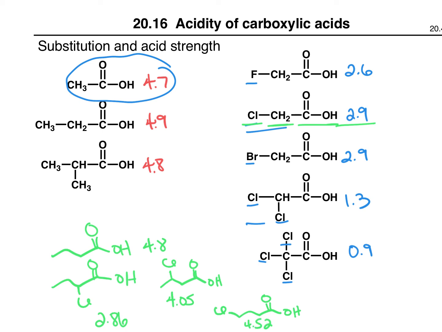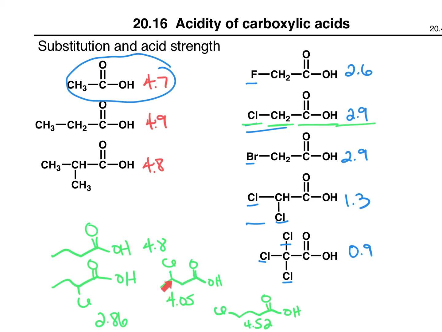So what we're talking about here is electronegativity or inductive effect. So chlorine is pulling away electron density by inductive effect, which means it's pulling away electron density through bonds, and that is going to fall off quickly with distance. So having the chlorine here has a big impact, 2.86 versus 4.8.